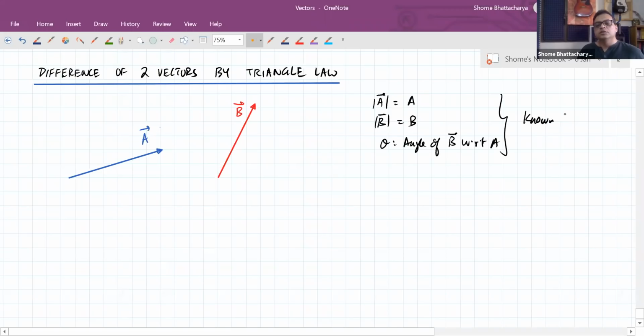So these are known quantities. And we want to find out the vector difference. This, okay.